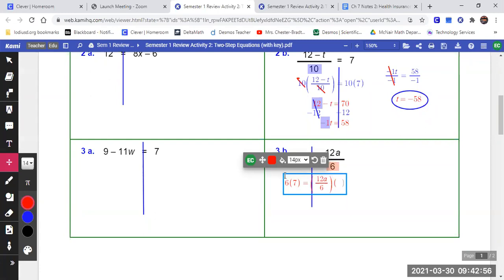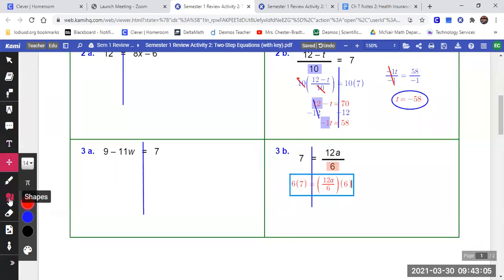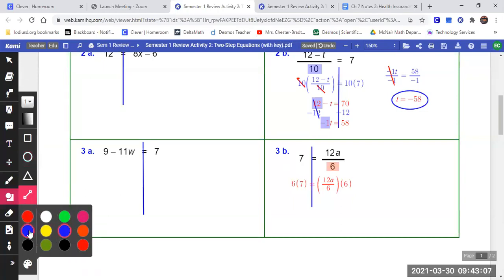And that has to multiply by the 6 as well. And then I'll shift it around. Okay, that makes that 6 that was with the variable gone, because 6 divided by 6 is 1, and anything times 1 doesn't matter, right?